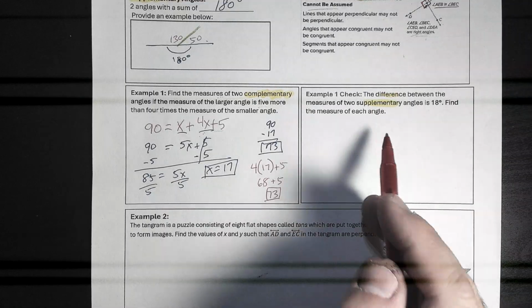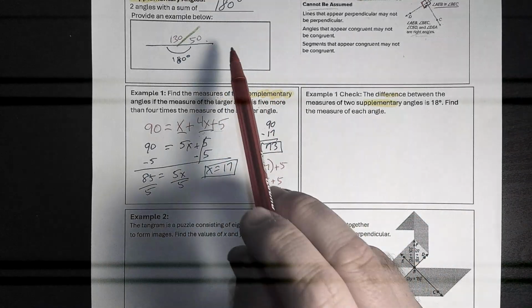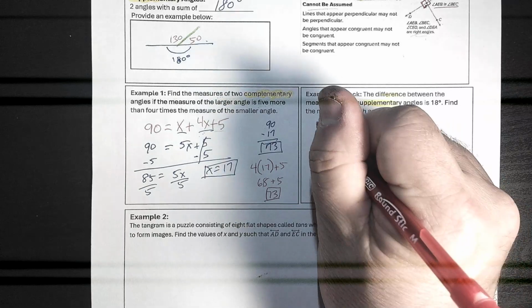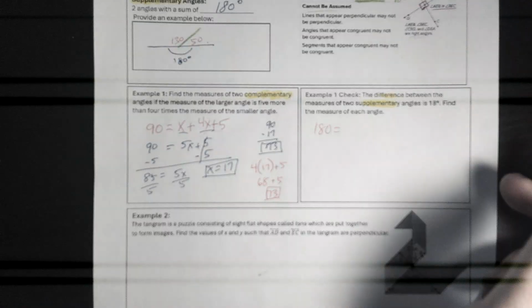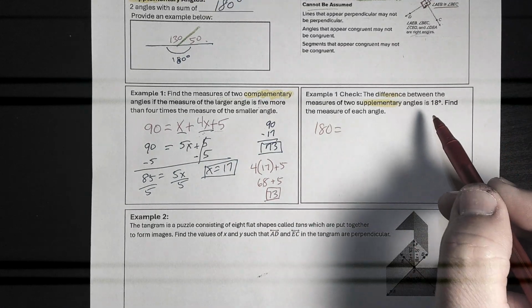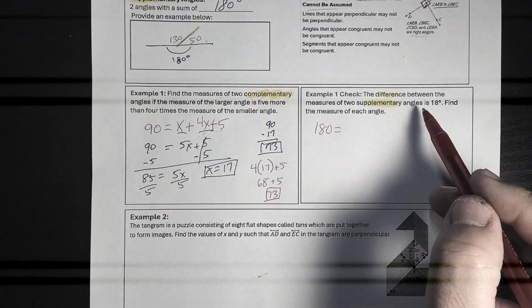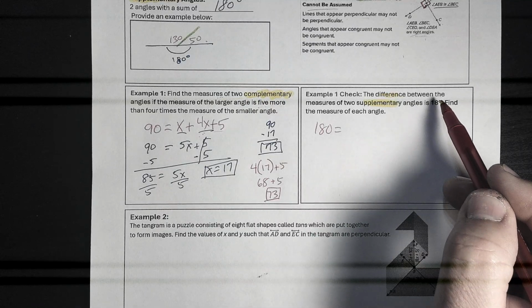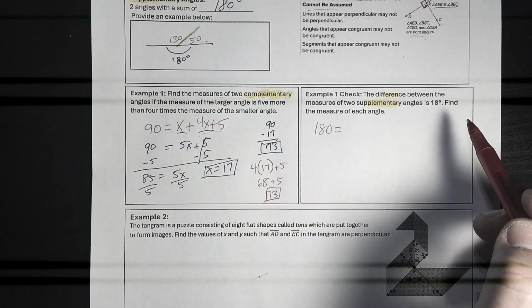Find the measure of each angle. Okay, so supplementary I know means 180, so let's say 180 equals. All right, so the difference between the measure of two supplementary angles is 18.